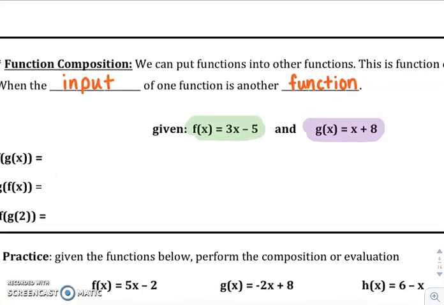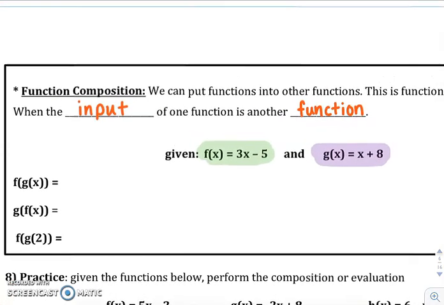So the very first example, it wants us to find f of g. So the outside letter is sort of like the shell, if you will. And we're going to substitute a function into where that x is. So instead of 3x minus 5, I do 3 parentheses minus 5.